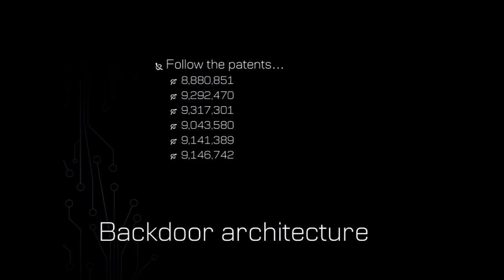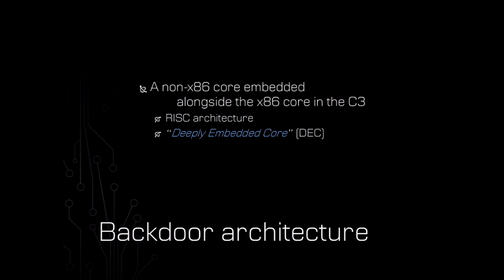So after a lot of work, I narrowed in on these 6 patents that seem to have some loosely related ideas that might be able to point me in the right direction for circumventing the ring privilege model in x86. Some of the key ideas I narrowed in on: it looked like at the time VIA was embedding a non-x86 core alongside their x86 cores in the C3 processor.